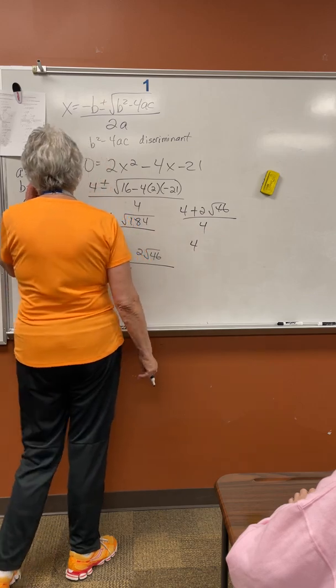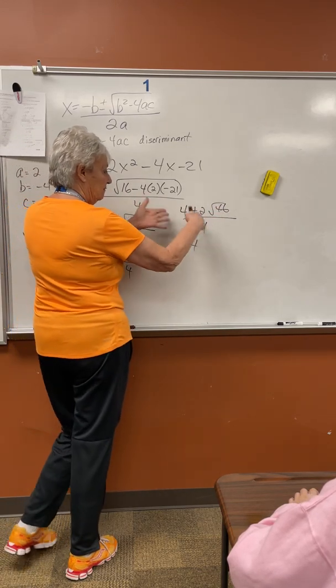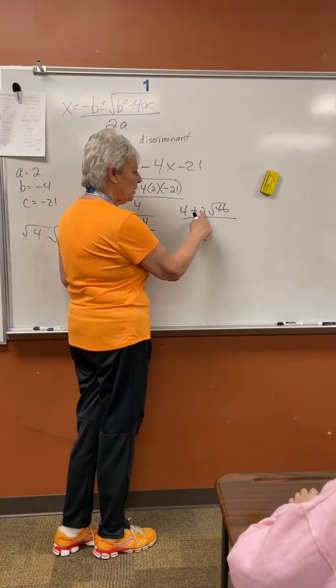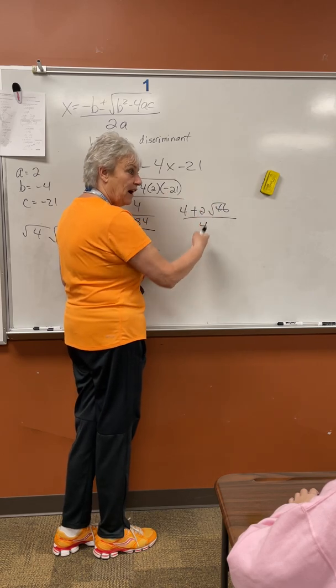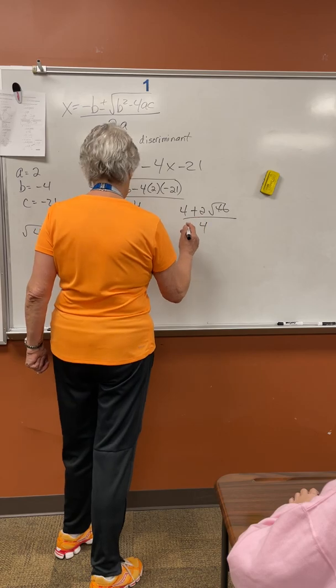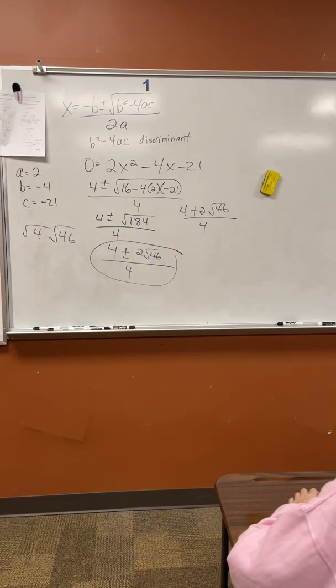Yeah, we are done. I'm sorry. Since this can't, you're done. The only way you would continue is if this were a 4, then you could divide them both. You're done. Here's the answer. Right there.